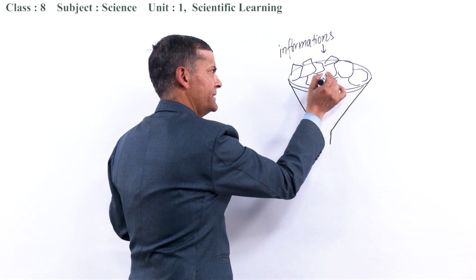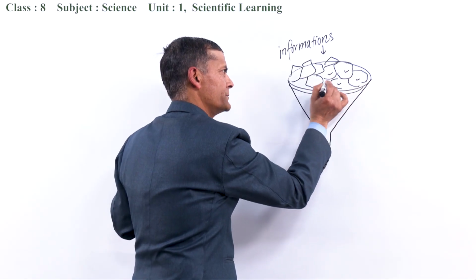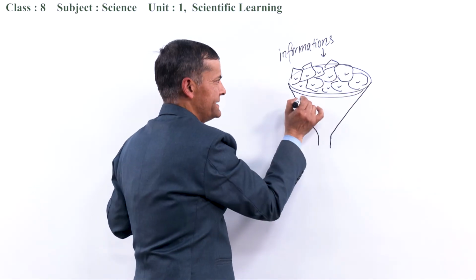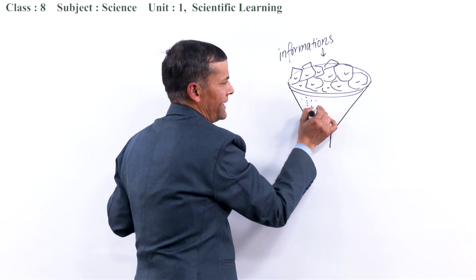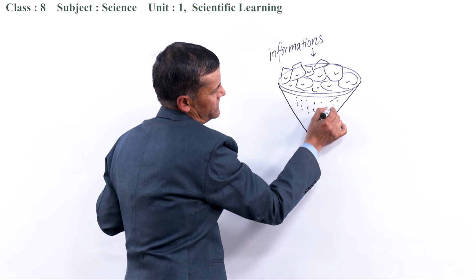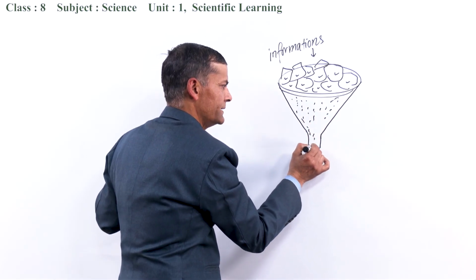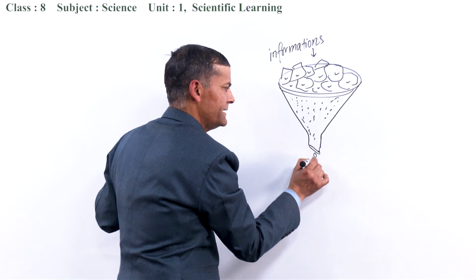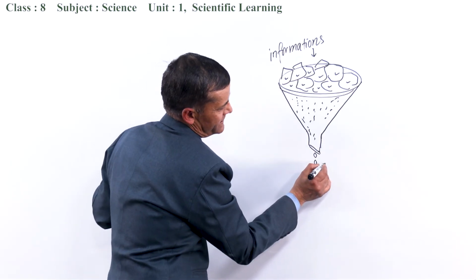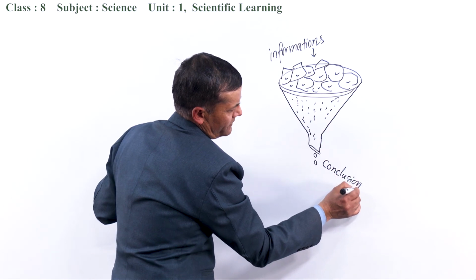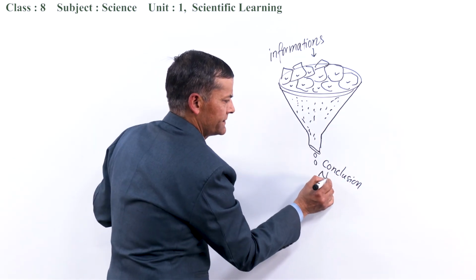After this information, what do we have to do? We have to analyze them. We have to interpret them, isn't it? After interpreting, discussing the issue, interpreting them, then we get the final thing. What is that? The final thing is the conclusion. Conclusion, new knowledge.